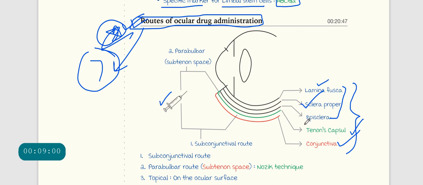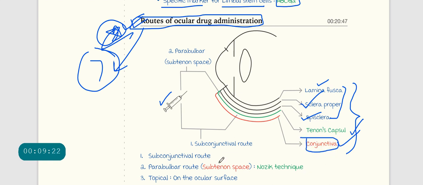So these were the layers. Now accordingly when the injection or the drug would be administered in these layers, it would have different names. Like if we administer the drug in the conjunctiva, it would be called subconjunctival route.